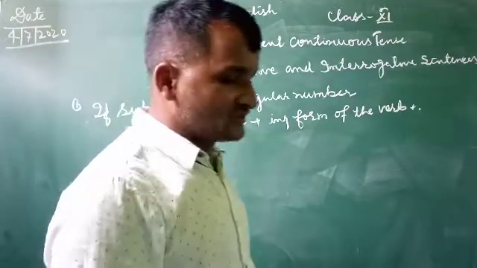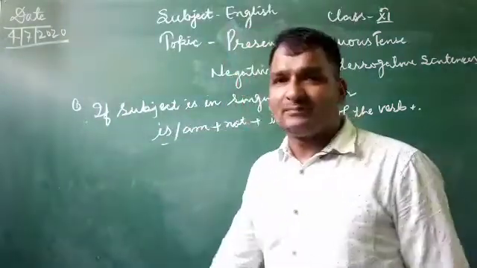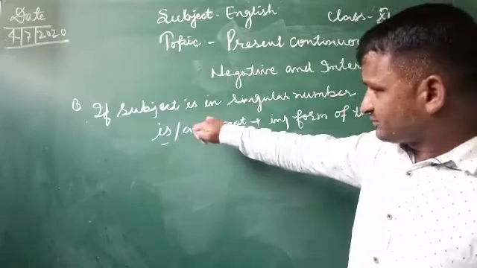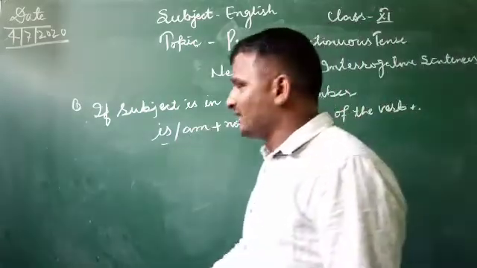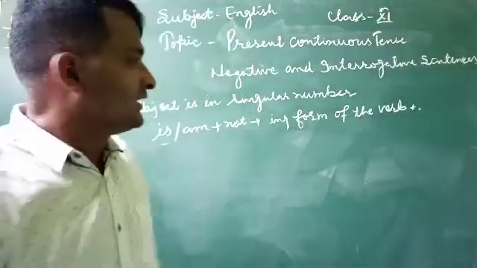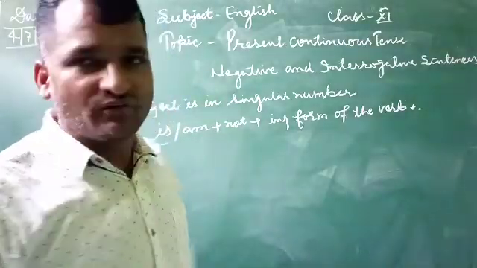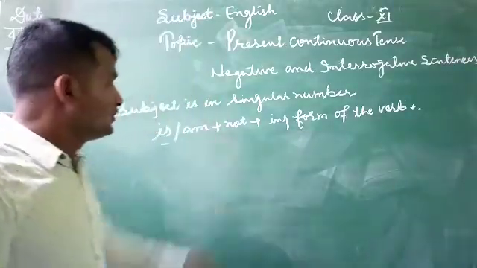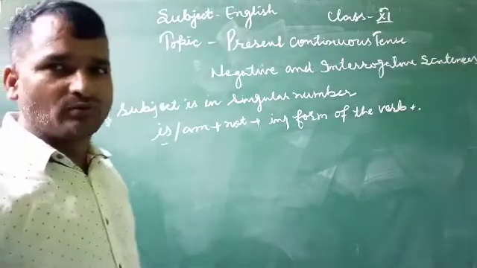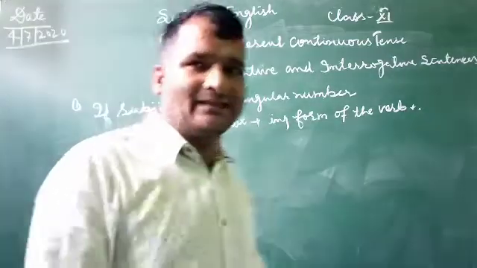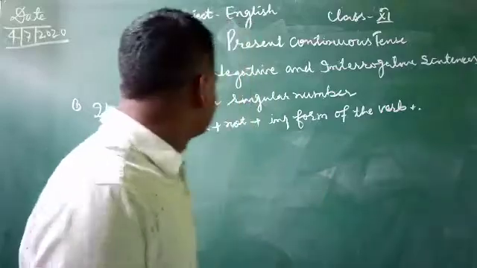I hope, students, you have already learned the ing form of the verb. I have already given you homework. You have to learn more and more ing forms of the verb so you can easily make this sentence.